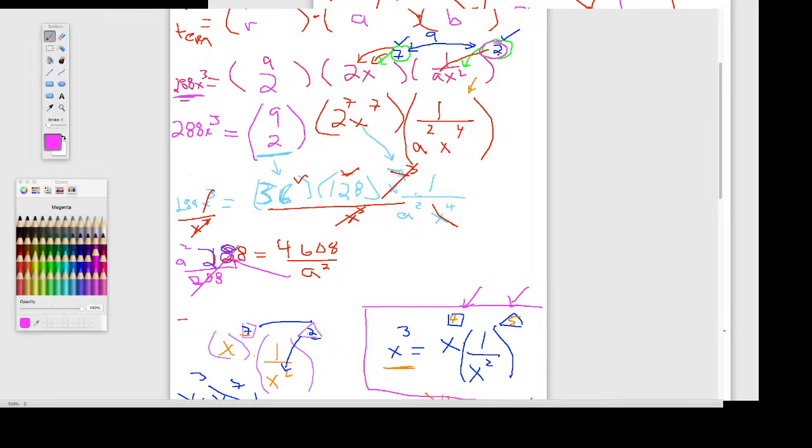So that cancels, and then this is gone because I've moved them over. So in the end, we have a squared is equal to 4608 divided by 288. And maybe that's a nice number.